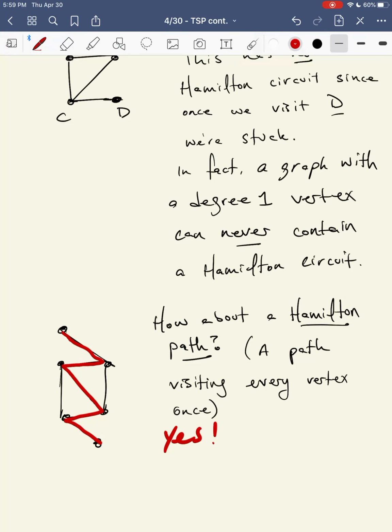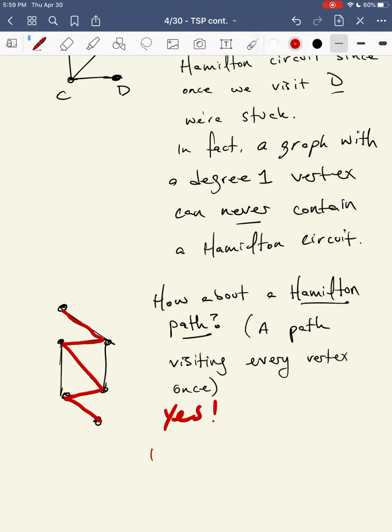Alright. But does it have an Euler path? Well, I'll let you think about that for a second. What did we need for a graph to have an Euler path? We wanted every vertex, except for 2, to have even degree.